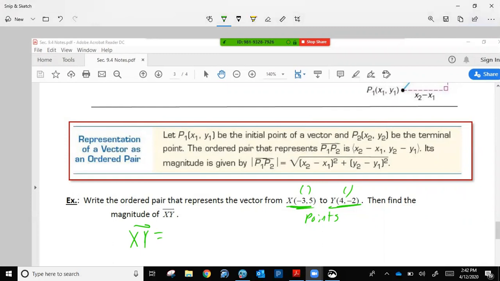If I'm at -3 and I move to +4, if I go from -3 to +4, that means I move 7 units. So I move 7 units horizontally. If we're at a +5 and we move to -2, we've traveled down 7 units. We went backward 7 units. So that's a -7.